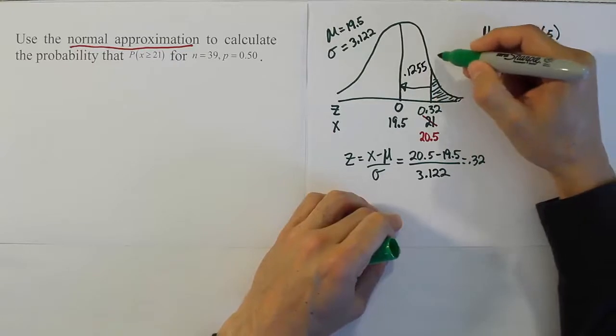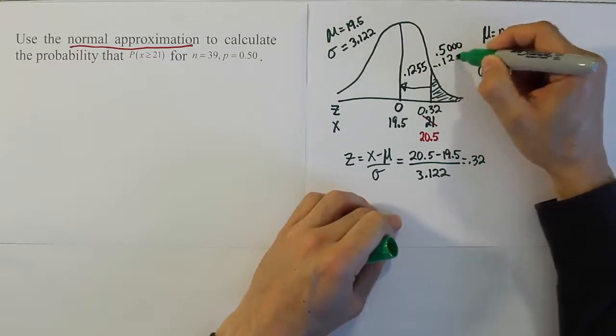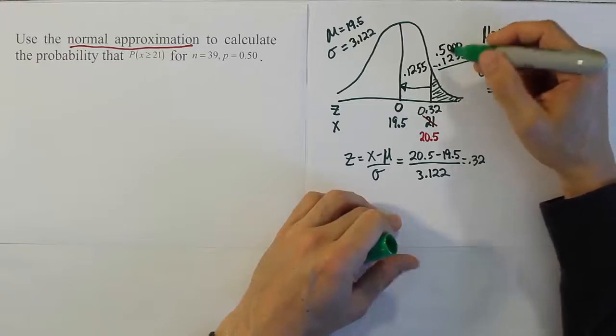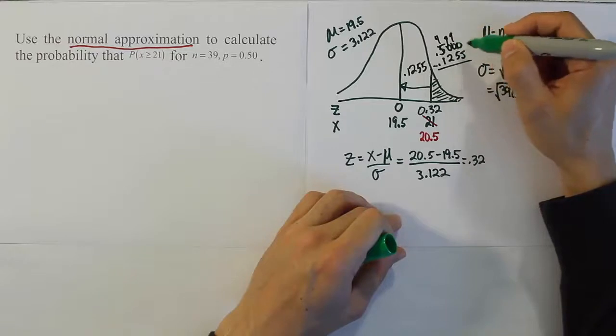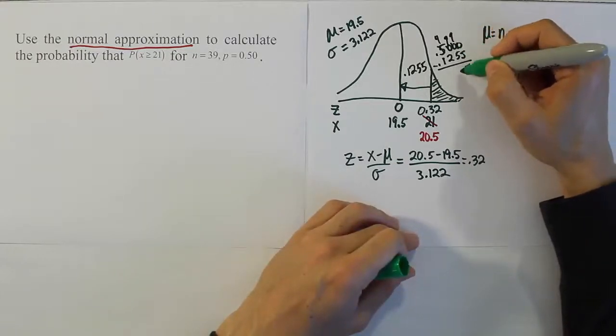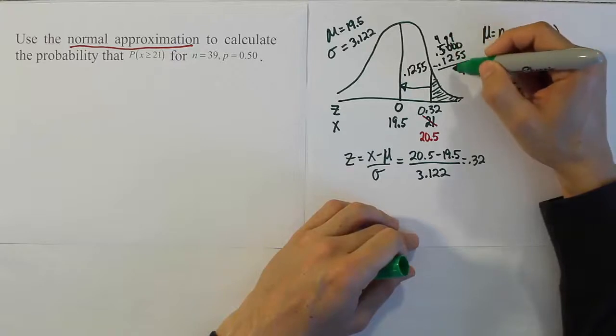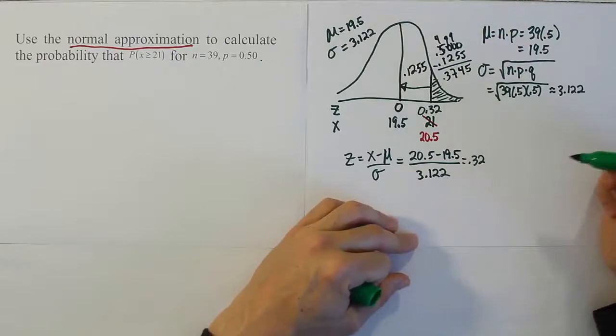And then to get the tail area, we'll do 0.5 minus 0.1255. When we do the subtraction, we borrow here. We get 4, 9, 9, 10. So 10 minus 5 is 5. 9 minus 5 is 4. 9 minus 2 is 7. 4 minus 1 is 3. So the answer is 37.45%.